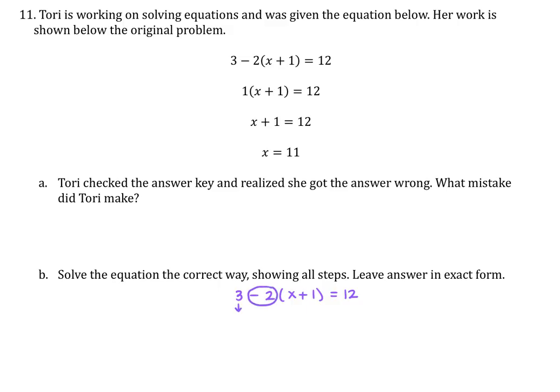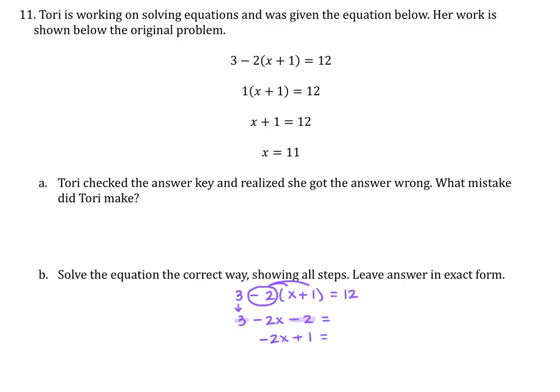I'm going to drop that 3 down, and I'm going to distribute that negative 2. Negative 2 times x is negative 2x, and negative 2 times 1 is negative 2. I'm going to combine my like terms. 3 and negative 2 can combine together, so that gives me negative 2x plus 1.